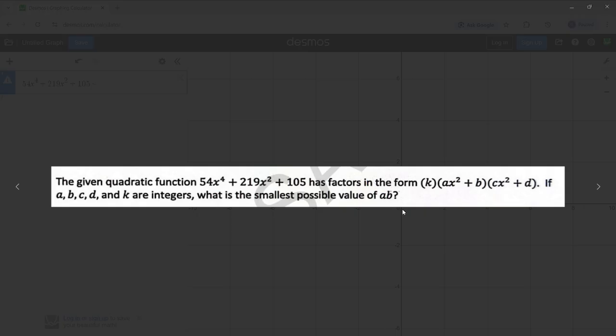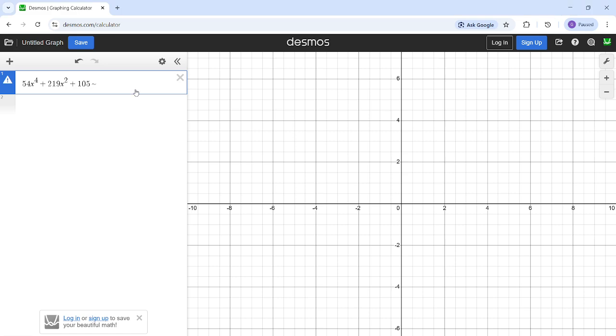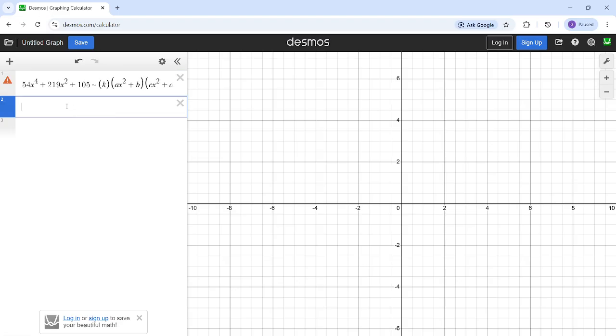It says here k(ax squared plus b)(cx squared plus d). That's it, that is the equation.